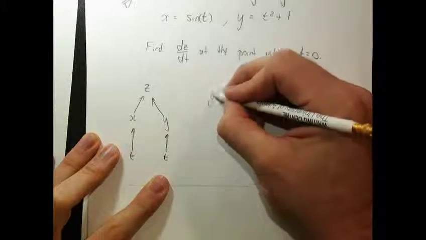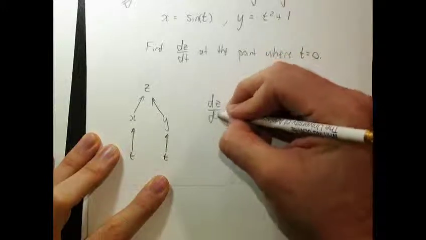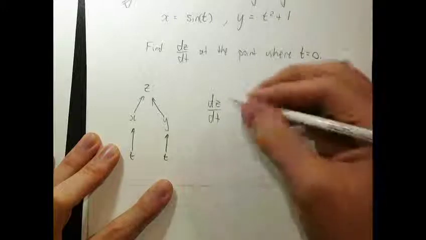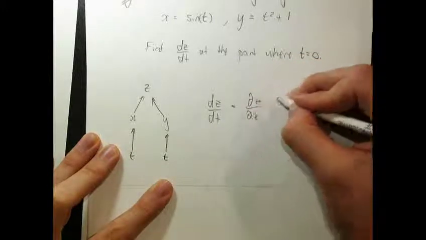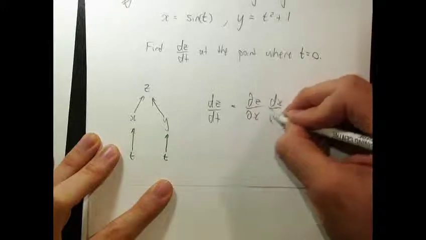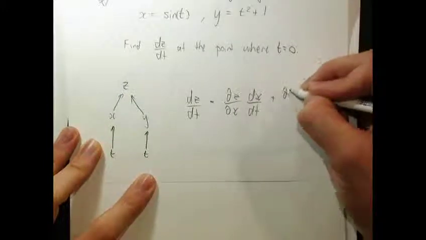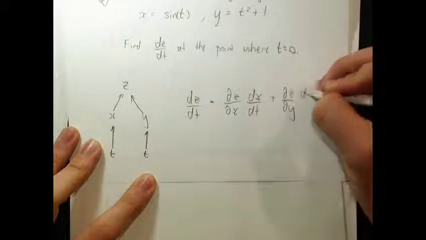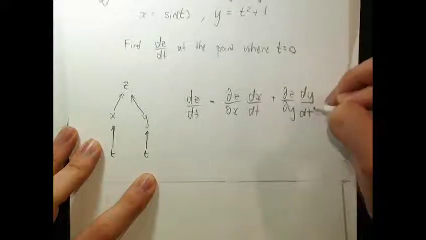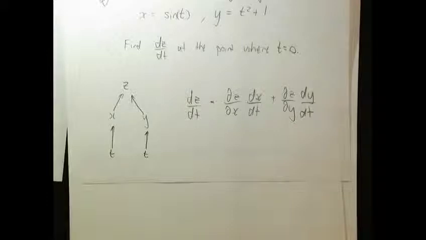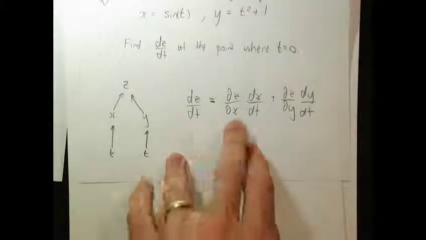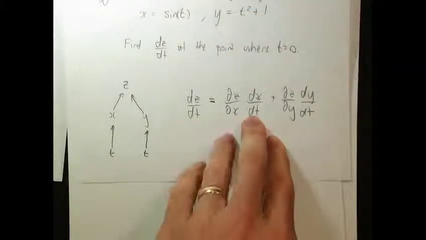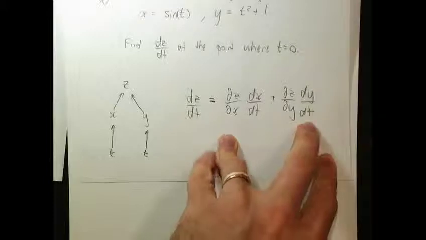And so dz on dt, because there's only one variable down the bottom, it's straight, is dz on dx, then dx on dt, plus dz on dy, and then dy on dt. So that's my formula that I'm going to need to use. In order to figure out what dz on dt is at this spot, I'm going to need to figure out dz on dx, and dx on dt, and dz on dy, and dy on dt.